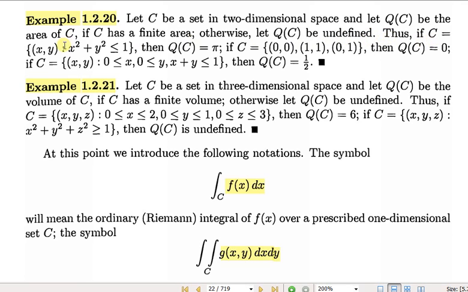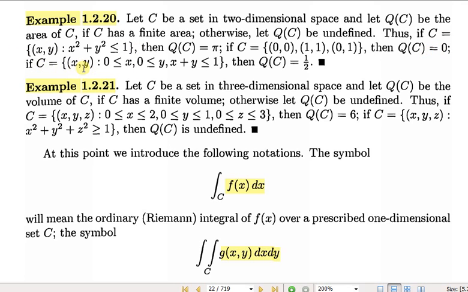Thus, if C is a set in two-dimensional space of x and y like this, then Q(C) equals pi. If C is a finite set with elements (0,0), (1,1), (0,1), then Q(C) equals 0.